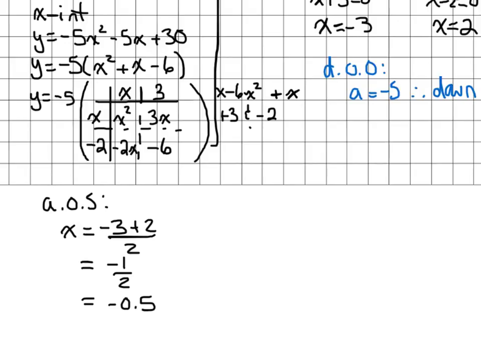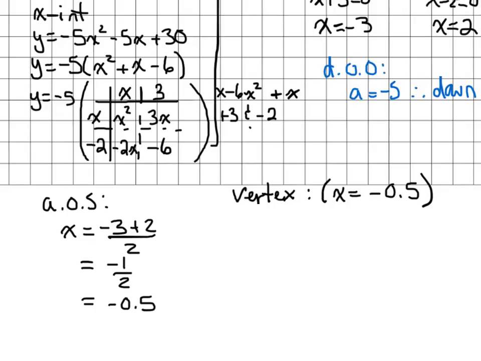So now we can use that to find our vertex. And how we can do that is I can substitute in x equals -0.5 into either one of the two equations, either the standard form or the factored form, and we can find out what the y-coordinate of the vertex is.